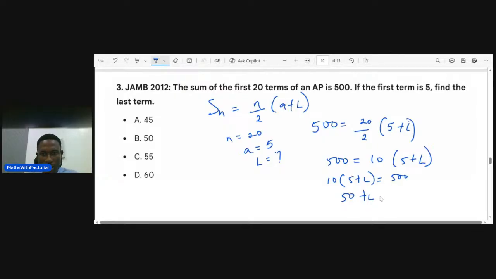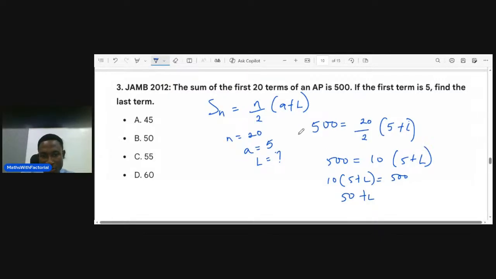Sorry, is it 500 or 50? Can someone check? Let me see. Okay, in the question it should be 50, not 500. Please correct that in your notes.